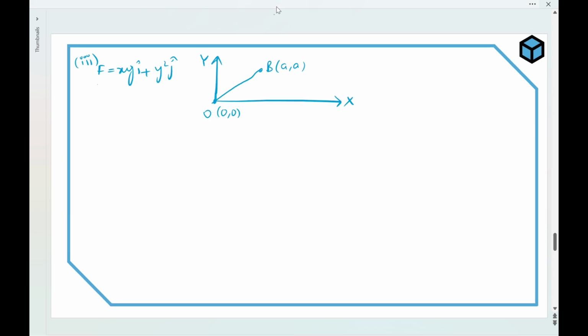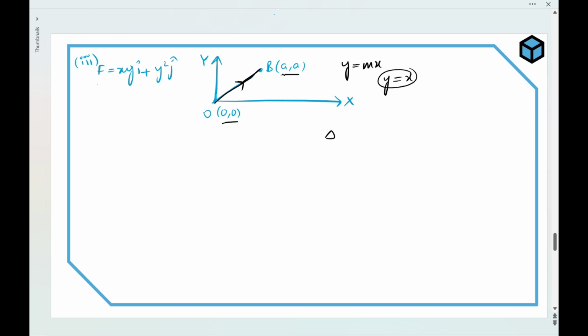So what we can do is, we know that y equal to mx is nothing but the line equation passing through the origin. So we can directly write y equal to x, because this line is passing through (A, A) as well as (0, 0). So here y equals x in the whole path, since they are following a straight line. I think you understood.